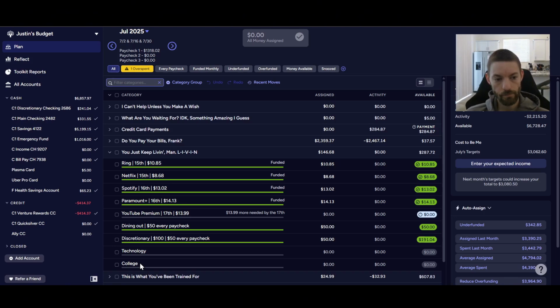So I put it here because it's not something I need to spend, even though I kind of do. Schooling is more of a just keep on living sort of thing. It's not really a 4 walls, so that's why I decided to put it here.